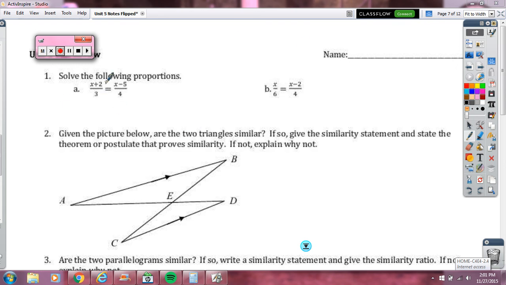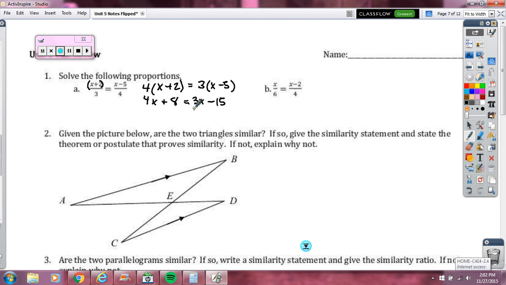Alright, we're solving proportions, cross multiplying, parentheses save lives. So in step 1, I've got 4 times x plus 2 equals 3 times x minus 5. Hashtag distributive property, so 4x plus 8 equals 3x minus 15.